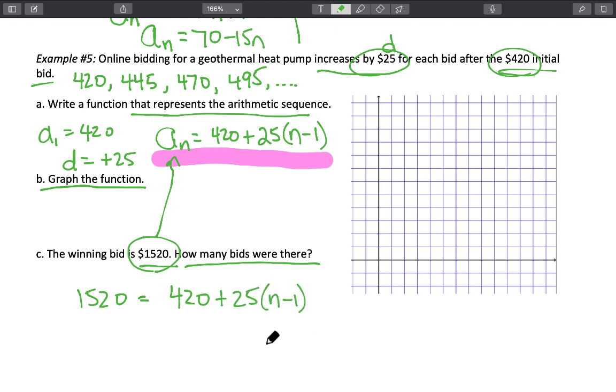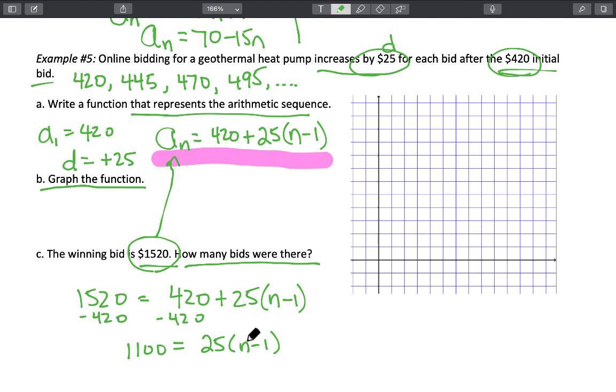All right, so solving this equation, working backwards, we're going to subtract our 420, and 1520 minus 420 is 1100, and that's equal to 25 times n minus 1.